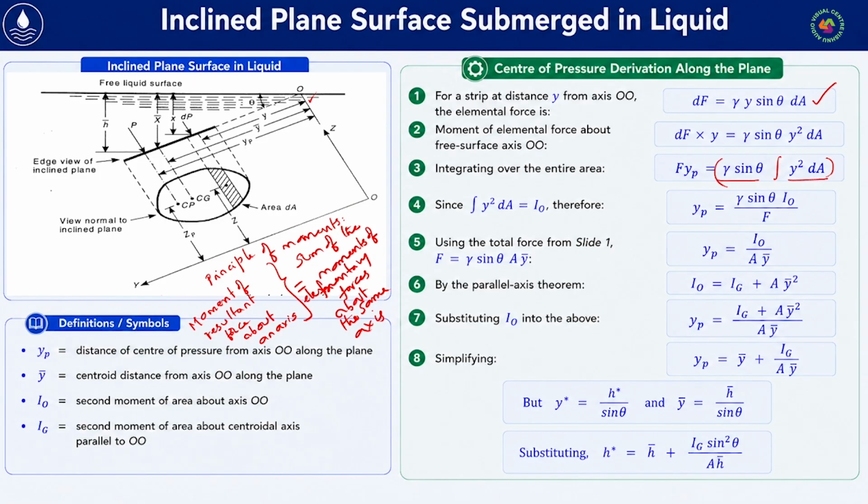Second point is the moment of the resultant force about an axis. Moment of the resultant force is F into Yp, or Y star.